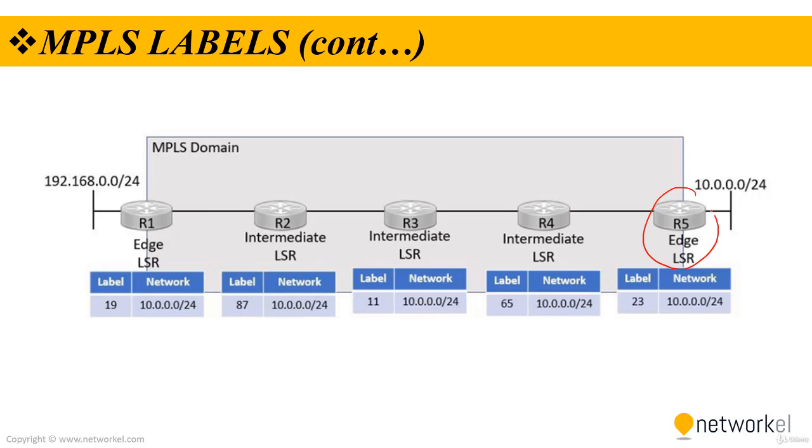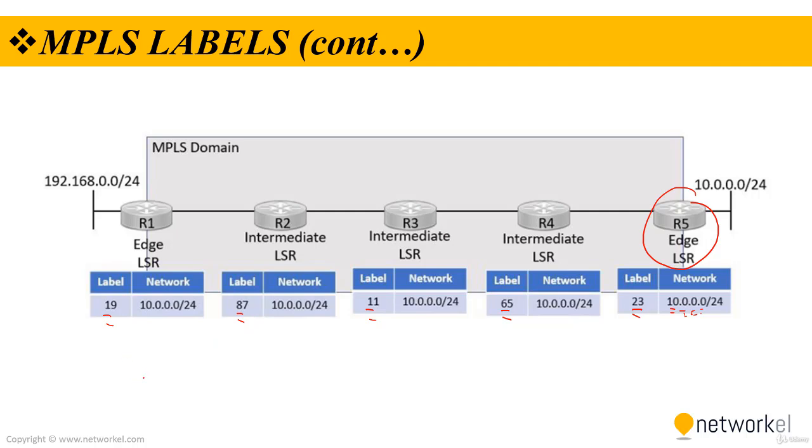For example, on the screen you can see that router 5, this router in here, gave a label of 23 for the network 10.0.0.0/24. But router 4 labeled the same network with 65, router 3 labeled with 11, router 2 labeled with 87, and router 1 labeled with 19.